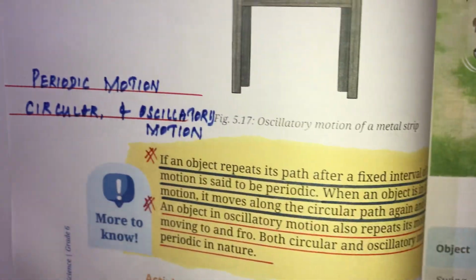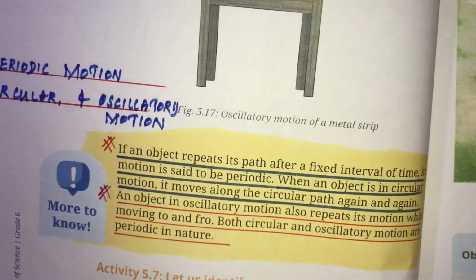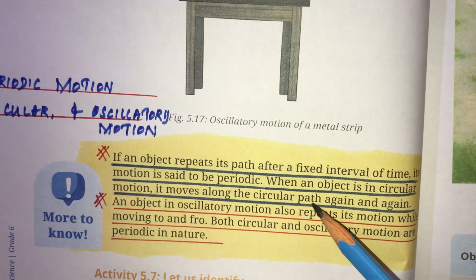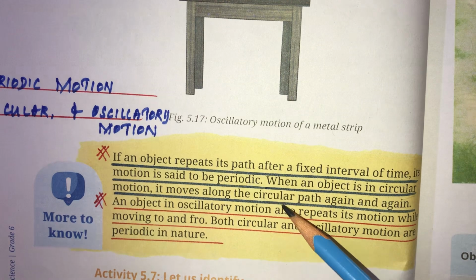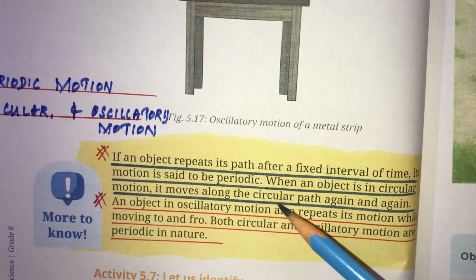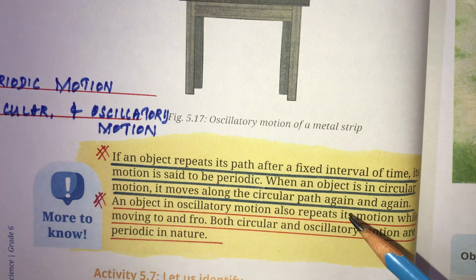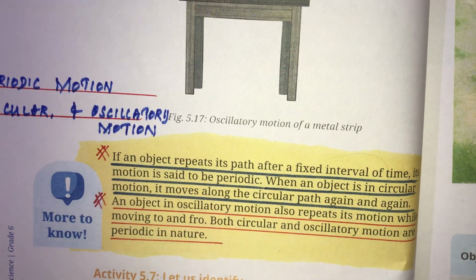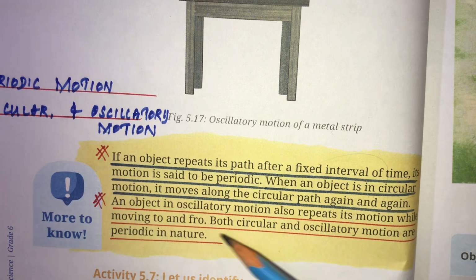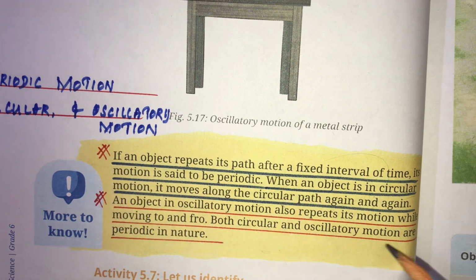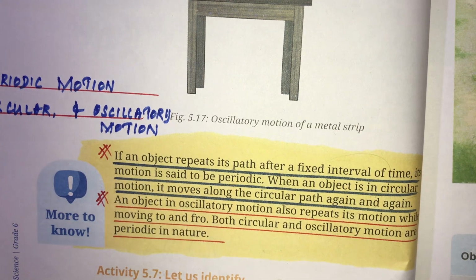Periodic motion, circular motion and oscillatory motion. If an object's path repeats after a fixed interval of time, that is said to be periodic. When an object moves along a circular path again and again, that is called circular motion. And the to and fro motion is called oscillatory motion.